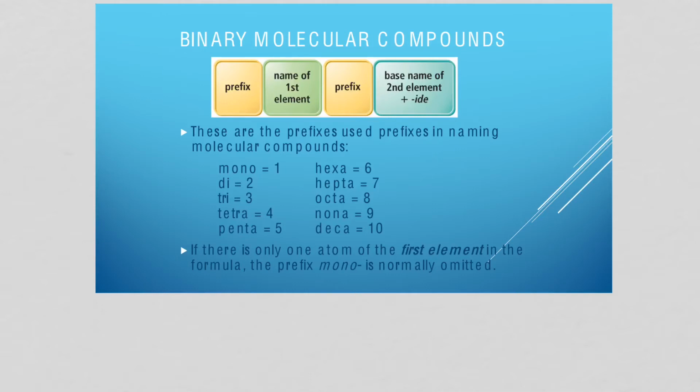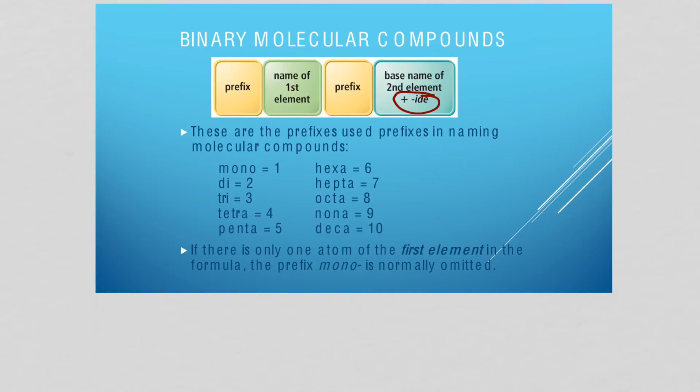So the prefix of the second element, and then the name of the second element. And notice, the second element, again, ends in IDE, just like we saw in the ionic compounds. So one commonality between ionic naming and molecular naming is they will mostly end in IDE. So: prefix, name of the first element, prefix for the second element, name of the second element, ending in IDE.